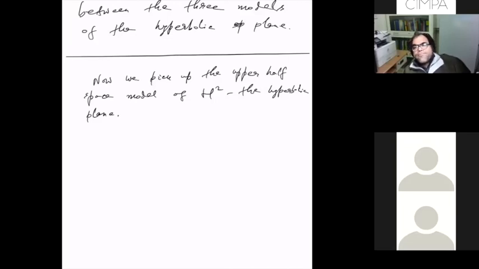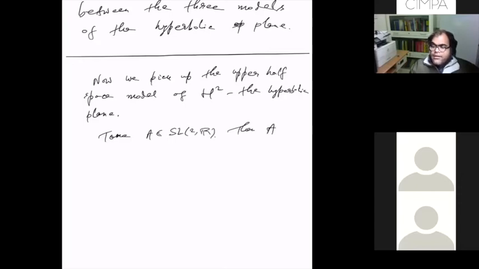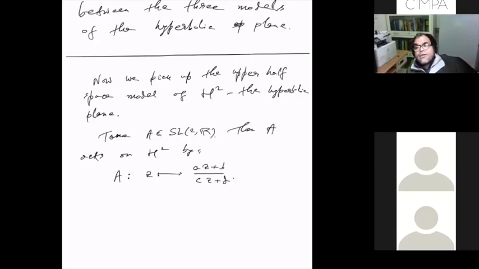Okay. All right. So what I will do here, you take A in SL2R, then A acts on H2 by z goes to (az+b)/(cz+d). Okay. Now note one thing.